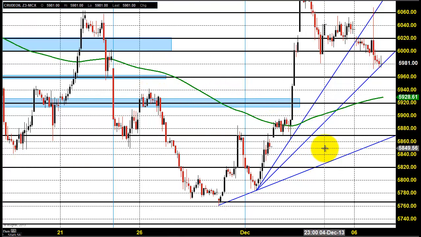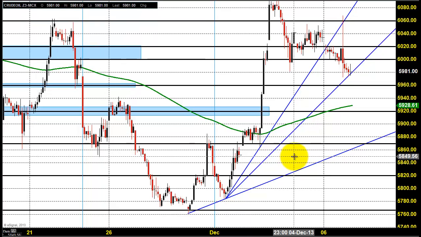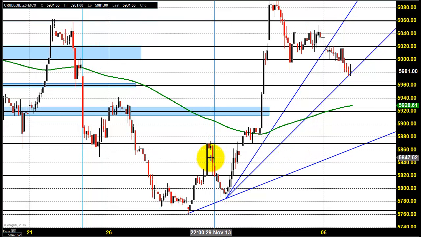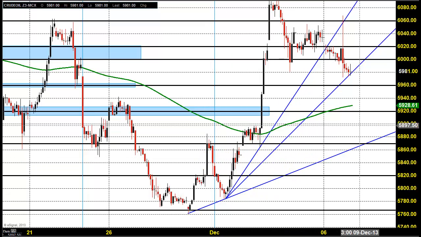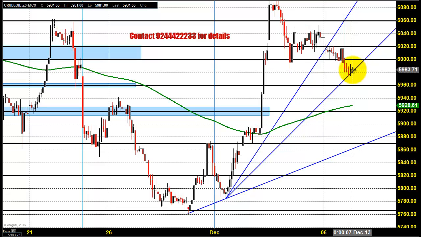And the closing: the previous week's price closing was near 5,840. Now you can see the price closed around 5,980. So by seeing the open, high, low, close analysis for a particular week, we can come to a conclusion.